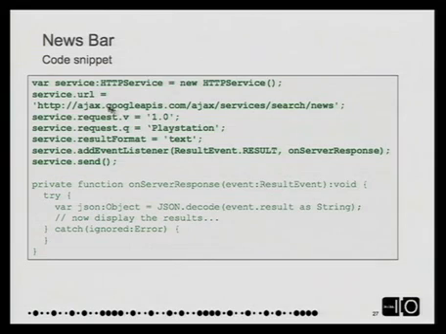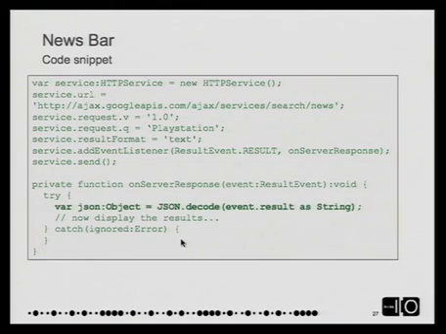Again, we set up the required version argument and specify the query we were interested in. We specify that the results are returned as text, since JSON is a text-based representation. And we set up the callback right here. When the callback fires, we get the data back as a string, and we use the JSON library to parse it into an ActionScript object.